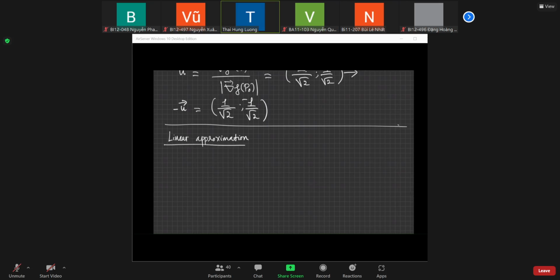So in calculus 1, you already know that you can approximate the value of a function f around a given point by using this formula, and it's also called the Newton formula, right? That means for x close to the number a, you can approximate the value of f at x by using this linear formula. This formula.